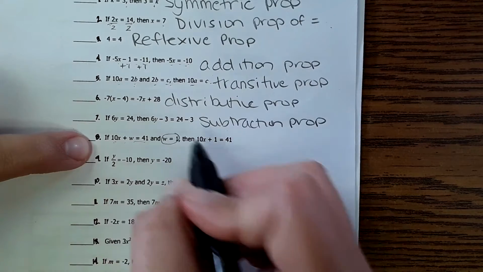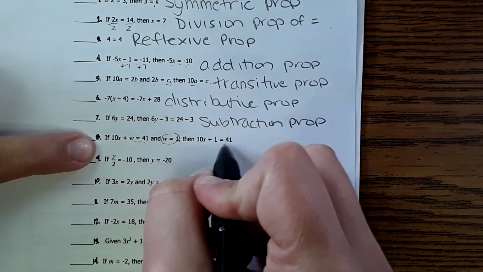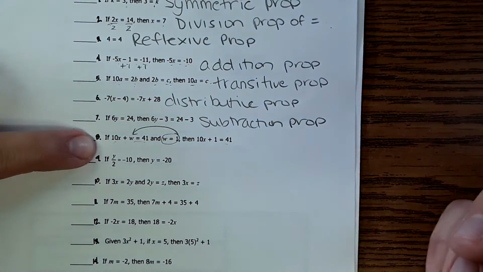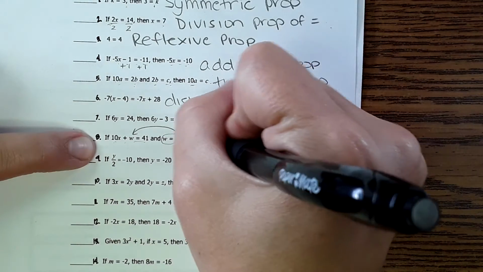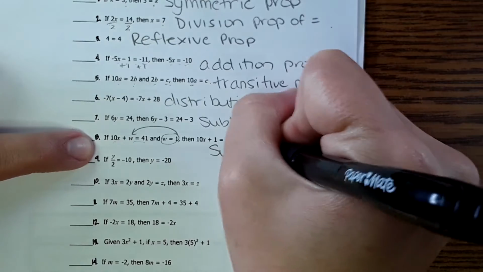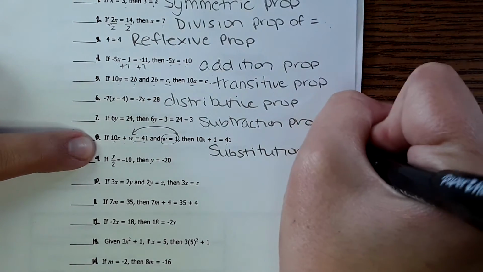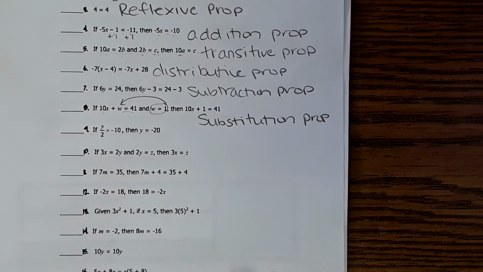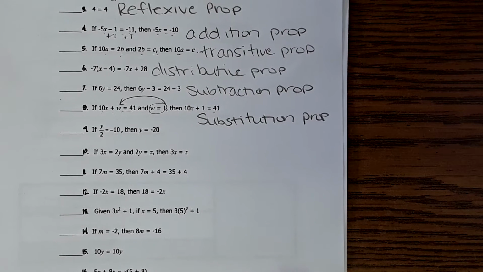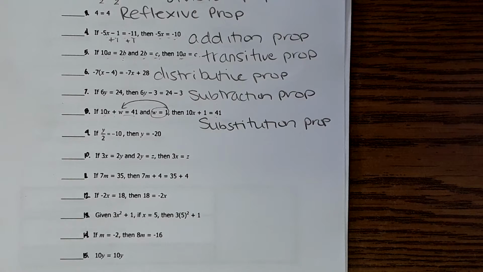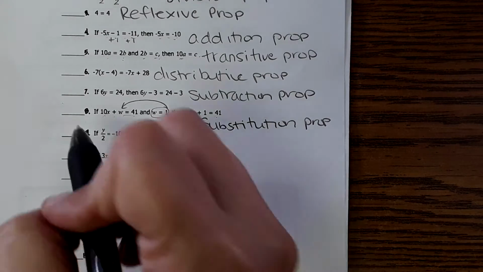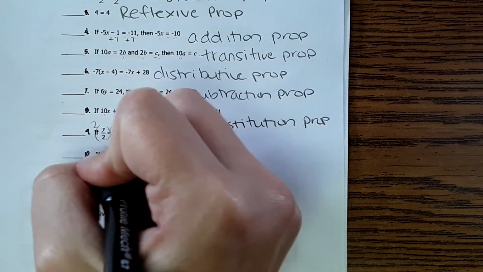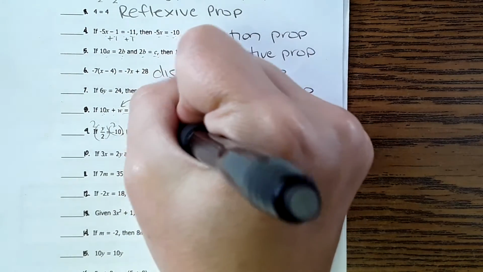Then they tell you that w equals 1. And in this here, they had plugged in 1 for w right here. Good job. Substitution. Number 9. To go from here to here, you would have to multiply both sides by 2. So therefore, multiplication property.